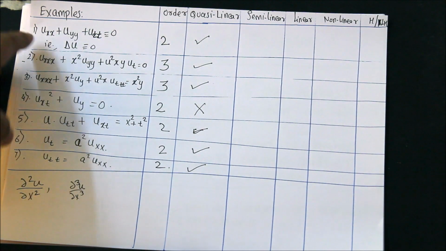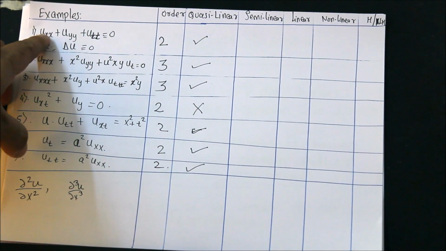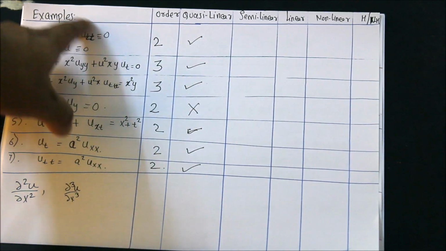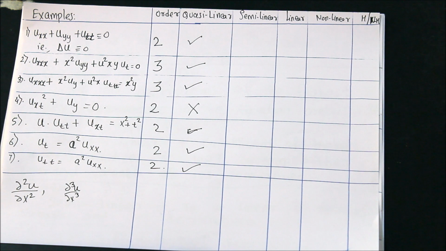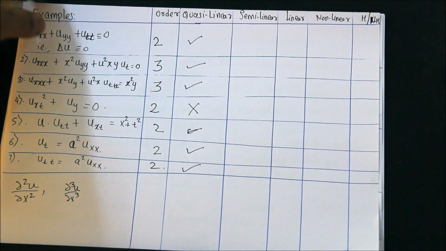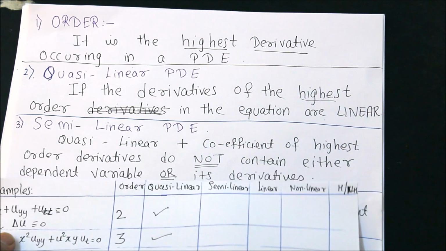Suppose in the first one I take uxx square uyy plus utt, so if I make the degree 2, then this is not quasi-linear, because all the highest order derivatives should have degree 1. Even if one of the highest order derivatives does not have degree 1, it is not quasi-linear. I hope the meaning of quasi-linear is clear. You simply look at the degree of the highest derivatives. Okay, cool. Let's go for the second categorization, which is the semi-linear PDE.